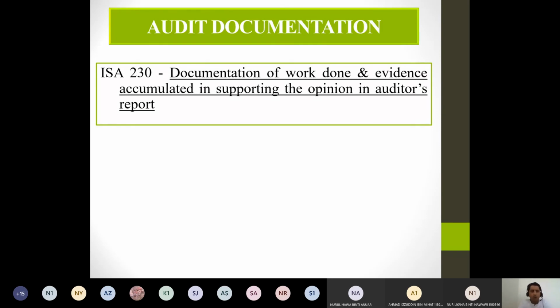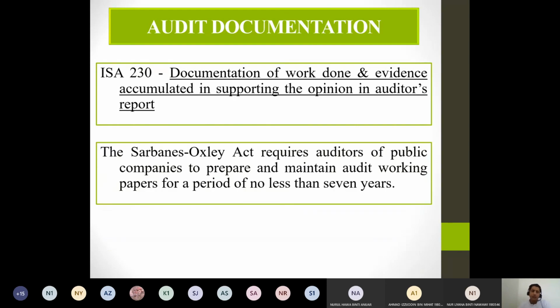Based on ISA 230, documentation is of work done and evidence accumulated in supporting the opinion in the auditor's report.